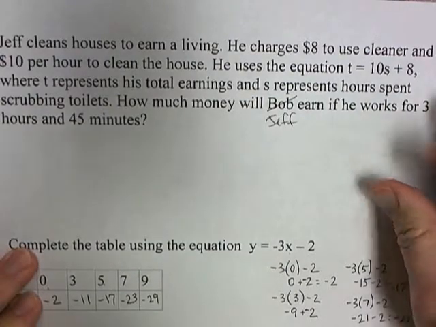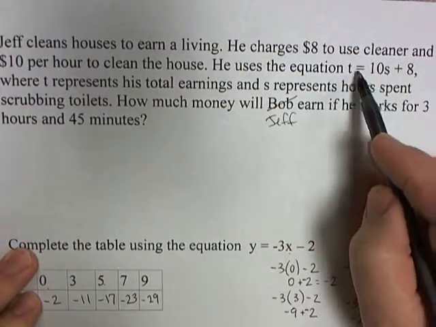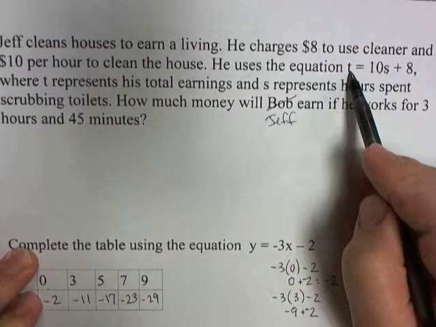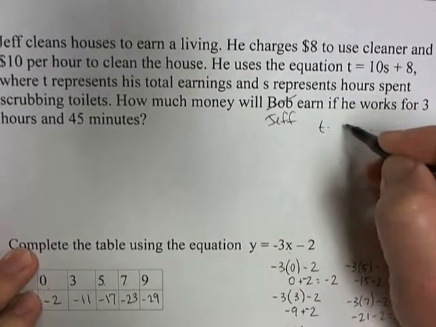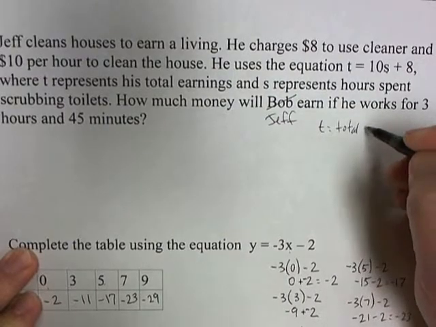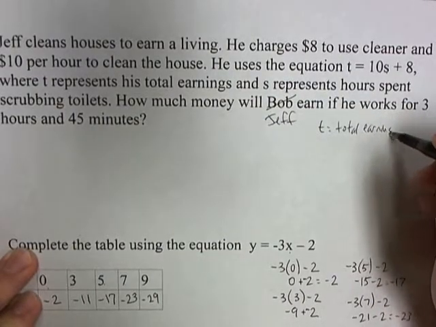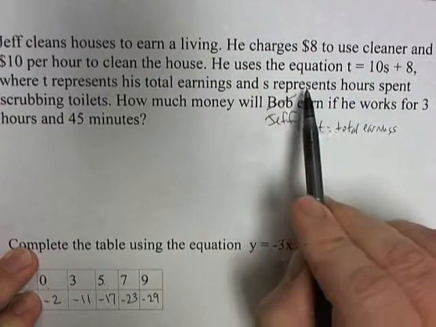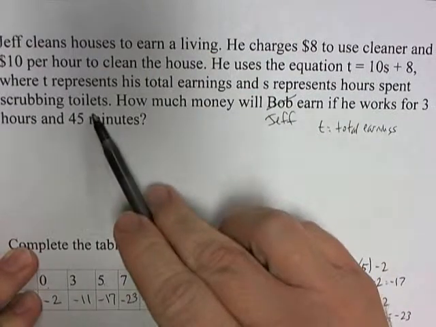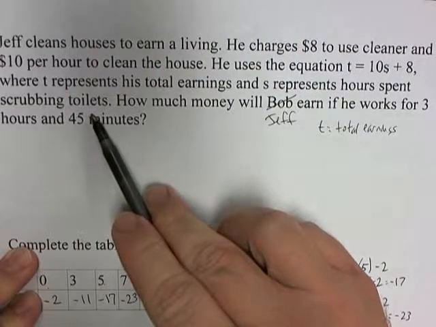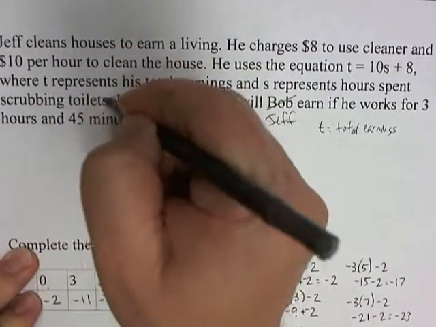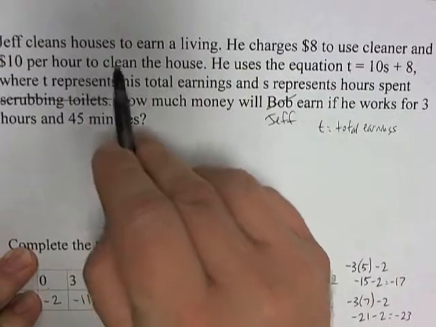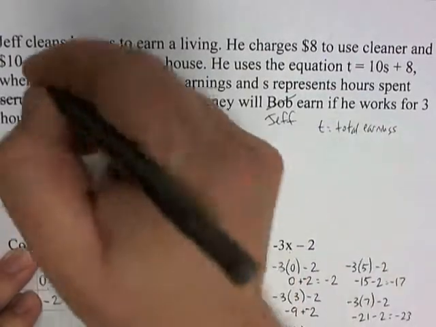Well, first, we need to notice that the equation that we're using is T, and T represents total earnings. And S represents, actually, S should represent hours spent cleaning house.